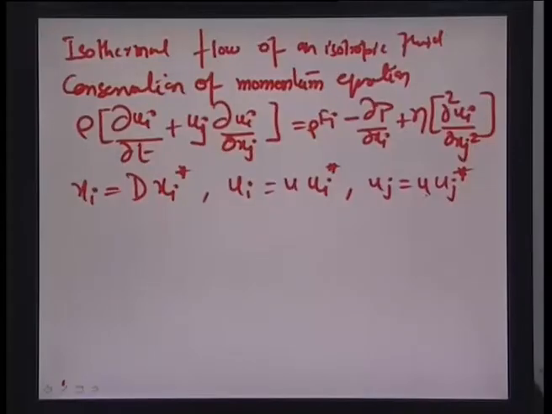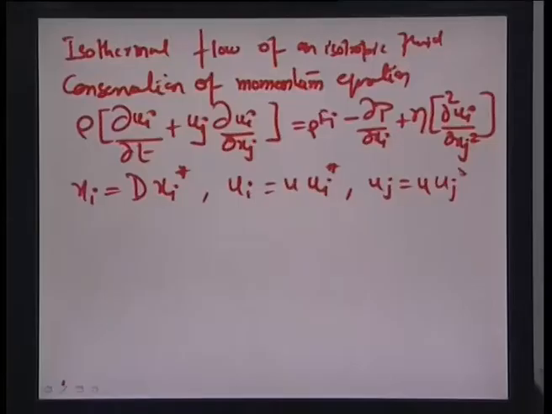Whether it is subscript j or i, the corresponding non-dimensional number will not change, and therefore the relationship for j also holds valid. You have uj as uj star, where uj star is the non-dimensional number as j varies, j equal to 1, 2, 3. We already talked in detail about this notation when we notated the conservation of momentum equations in the Navier-Stokes derivation.